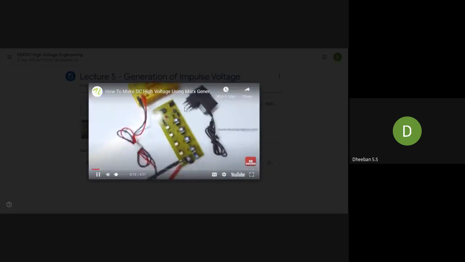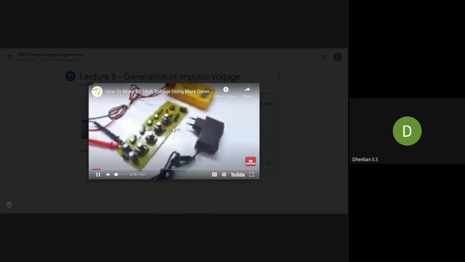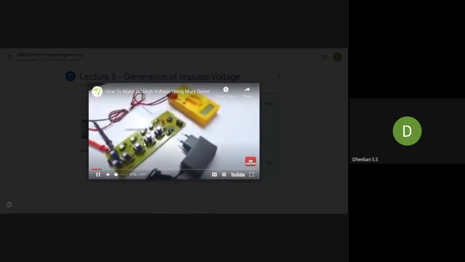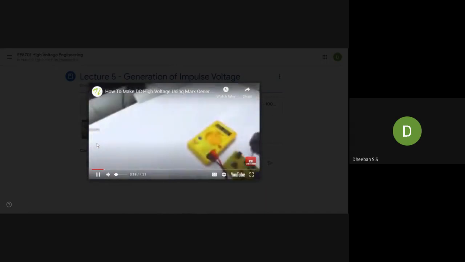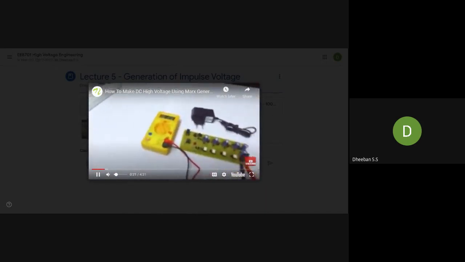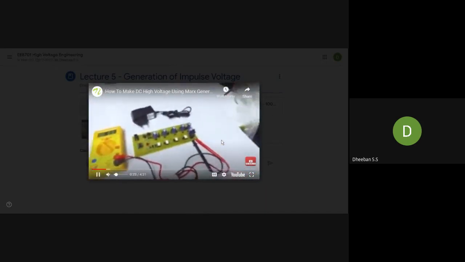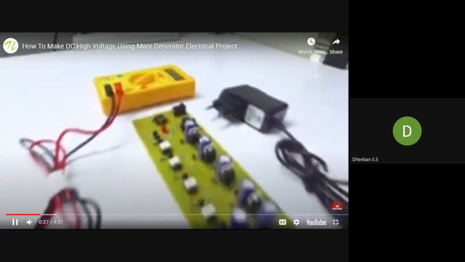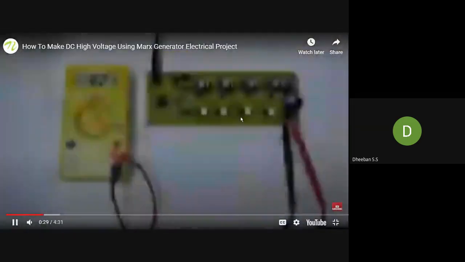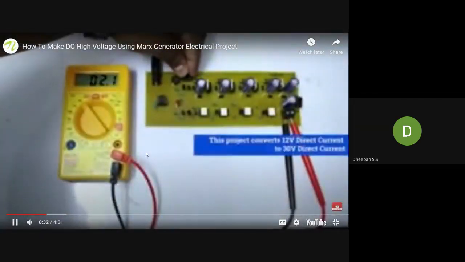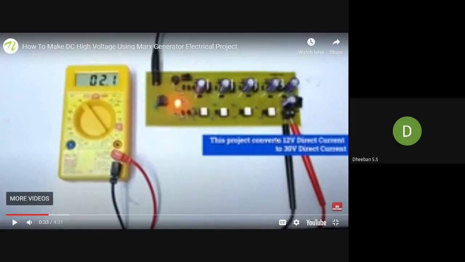Okay, this is a normal circuit wherein there are the capacitors over here, you can see. Here you can see he is converting the 12 volt DC.